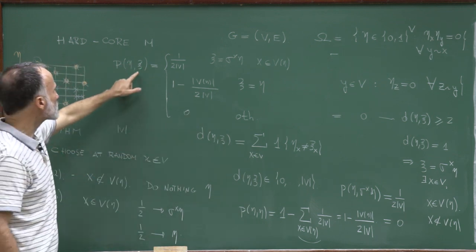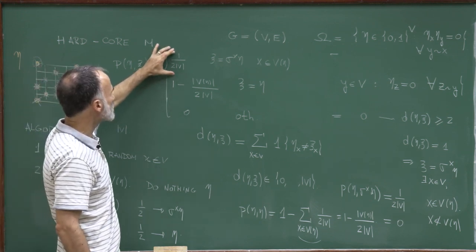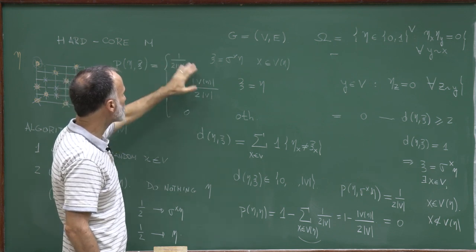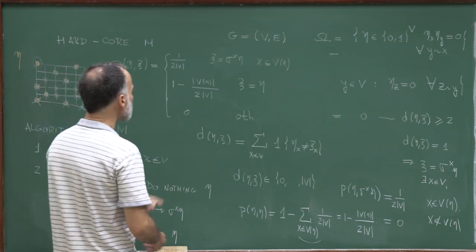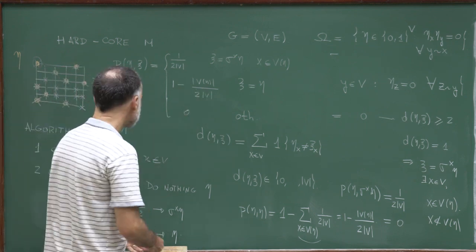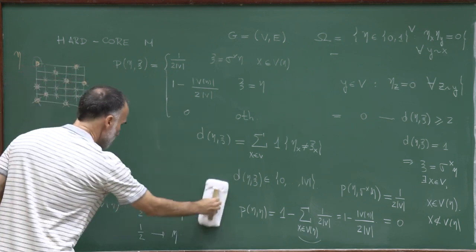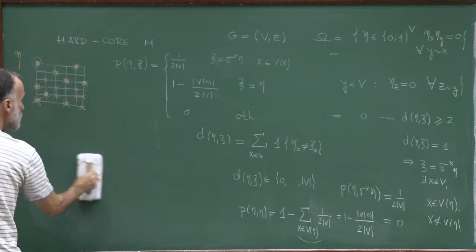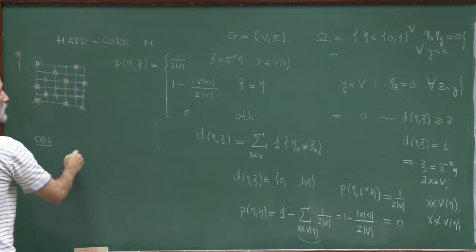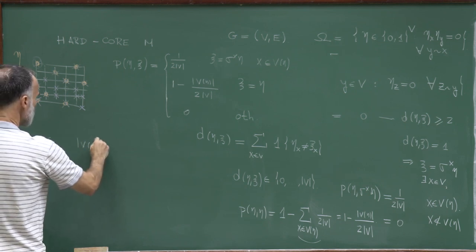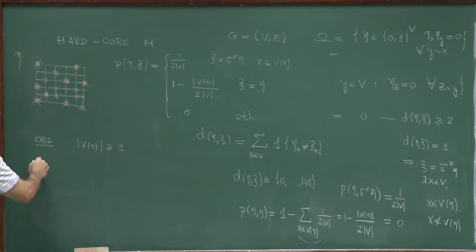So mind that if I sum over psi, what I get is 1, because by summing this expression, I get exactly this one, so they will cancel, and 1 will remain. And mind also that this probability is strictly positive, because V of eta is larger or equal to 1 if there is a particle.